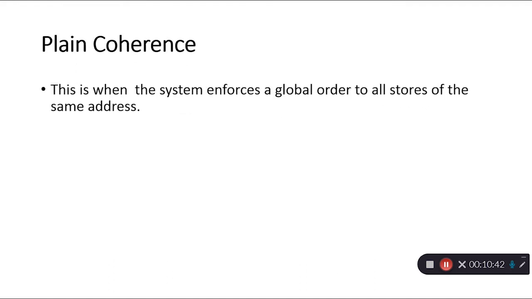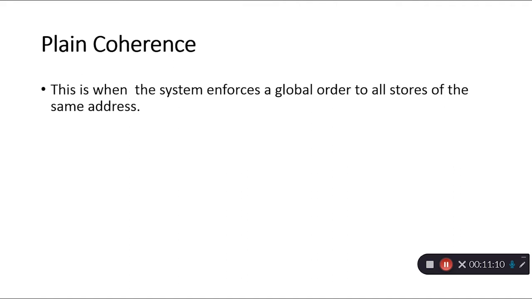Plain coherence. This is when the system enforces a global order of all stores of the same address. This means that the operations of each thread to the same location are in thread order.